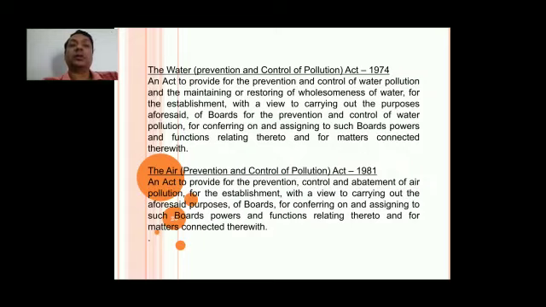These two are specifically for, the first one is the Water Act 1974 for water pollution prevention and control, and the Air Act 1981 for the prevention and control of air pollution.